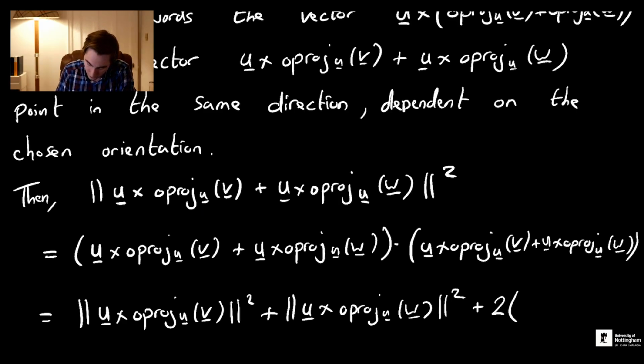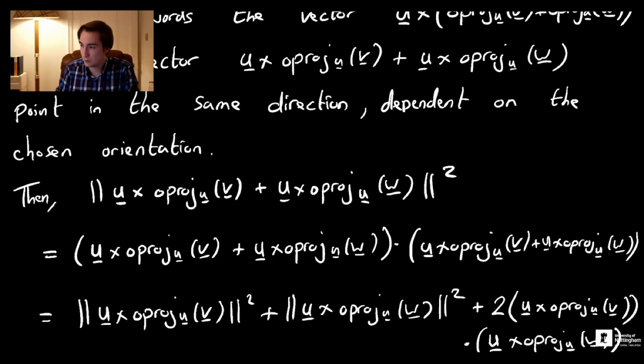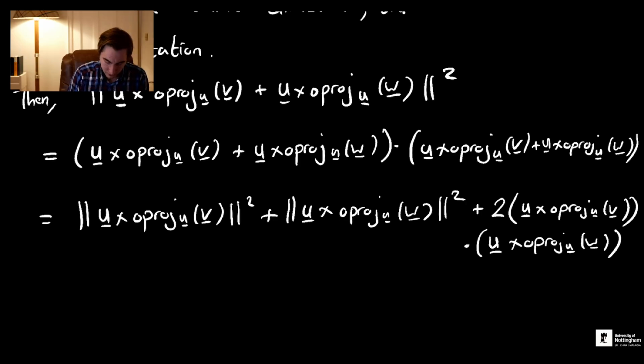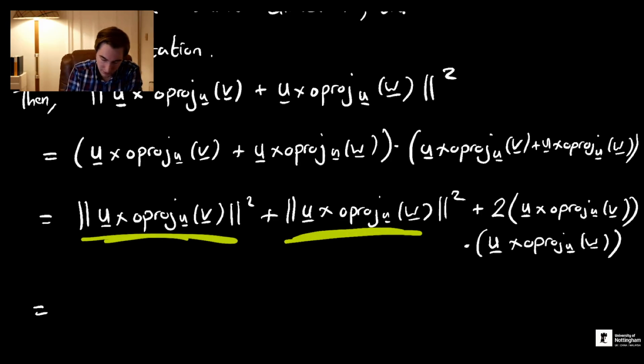So in other words, we've got here u cross the orthogonal projection of v onto u dotted with u cross the orthogonal projection of w onto u. Okay, so we can expand these now using our usual formulas. Again, we know that the sine of the angle between these things is pi over 2, so that makes it a little bit easier.